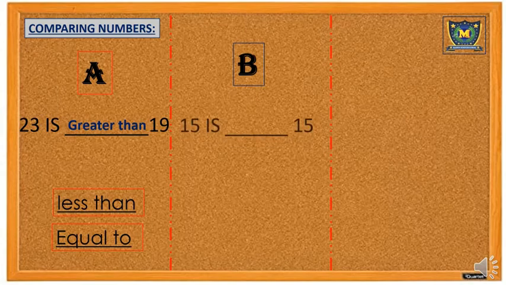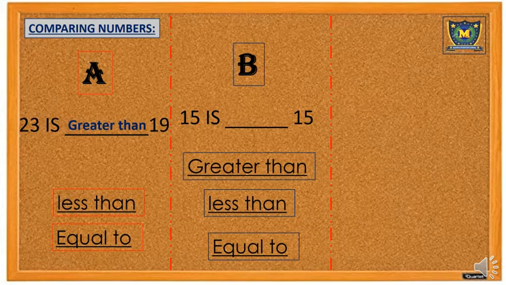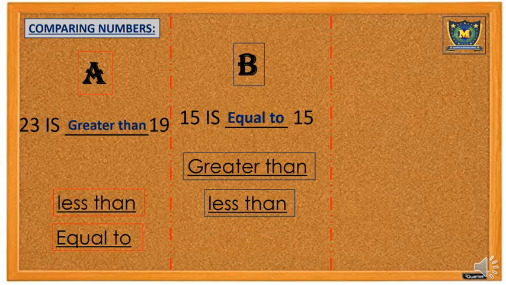We have here 15 is blank 15. The two numbers being compared here is 15 and 15. Now what is 15 compared to 15? Here are the choices: greater than, less than, and equal to. And it's obviously that 15 is equal to 15. For the last example, we have here 30 is blank 45.